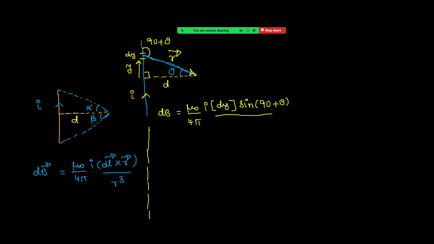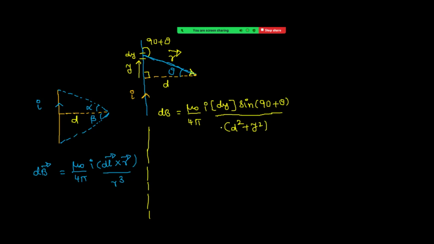I am repeating, the distance of this point from this element, because we are calculating the strength of the field due to this element at this point. Therefore, the distance will be d square plus y square under root. Okay. And we want r square. That's why it is d square plus y square.